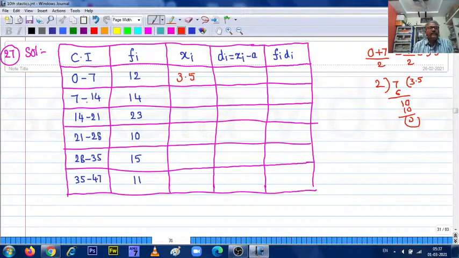The mid value of 7 to 14 is obtained by adding 7 to 3.5, that is 10.5. This is 17.5.